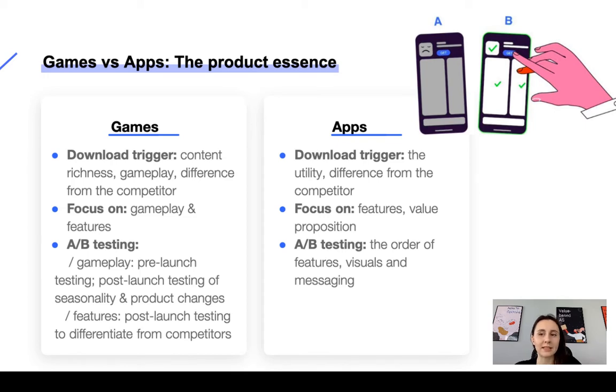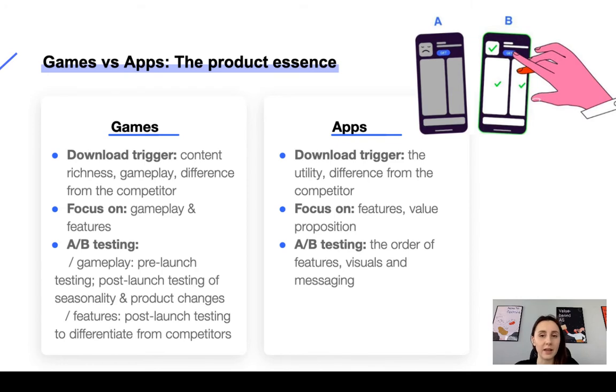Games are mainly aimed at giving the fun of playing, so marketers will try to showcase the content richness, like the diversity of characters, items, stories, levels, maps, and stuff like that, and they will showcase the gameplay.